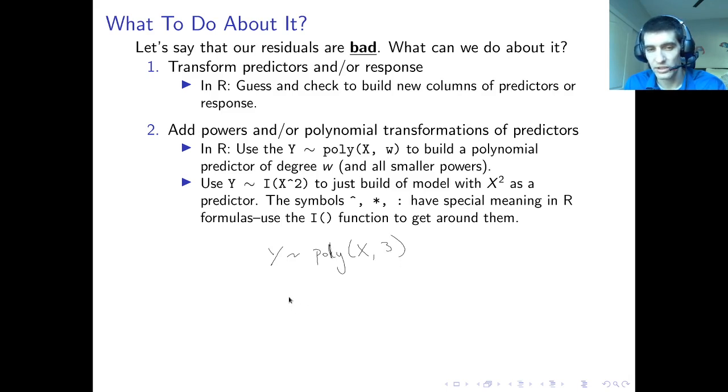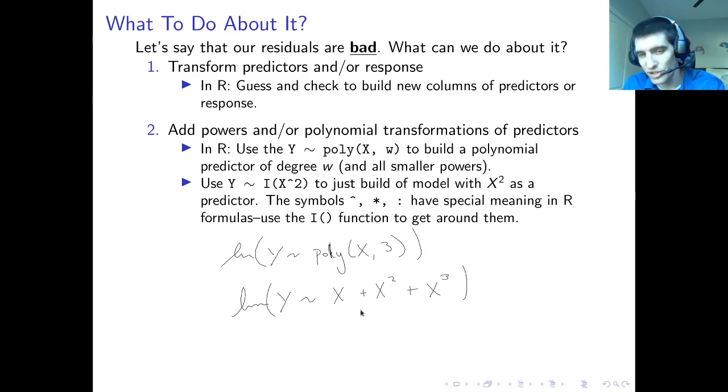What this does is it gives you x plus x squared plus x cubed. Sorry, I'm thinking all of this is in an lm function. And so poly just gives you this expansion.